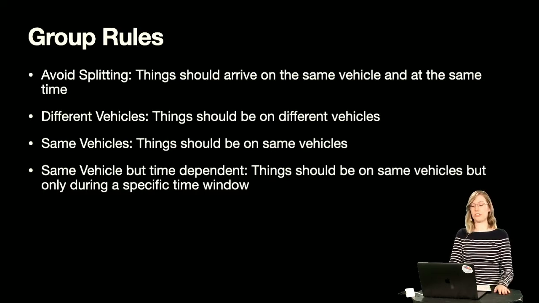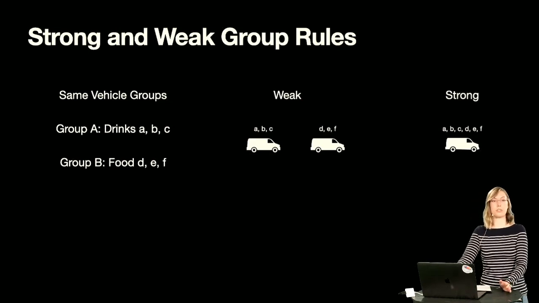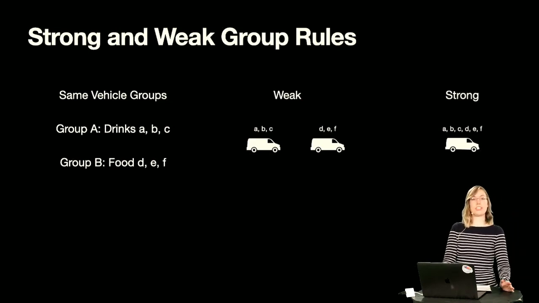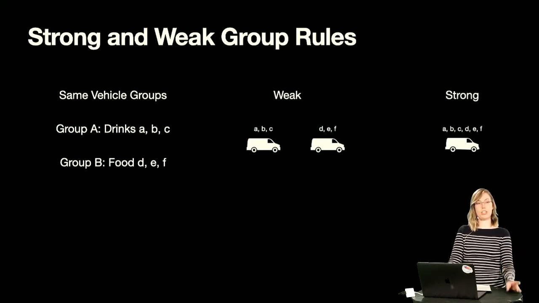And I wanted to also explain that we have not just the group rules generally, but we also have a split between strong and weak group rules. So for example, I have the same vehicle groups, and we say, okay, group A are just drinks, group B is food. If this group rule is weak, that means I want all of the jobs in group A and all of the jobs in group B in one vehicle each, but they don't have to be on one vehicle.